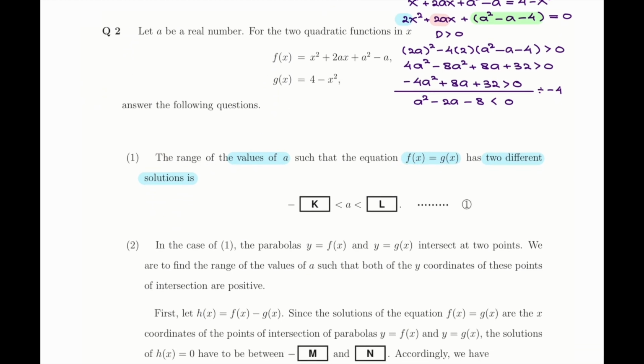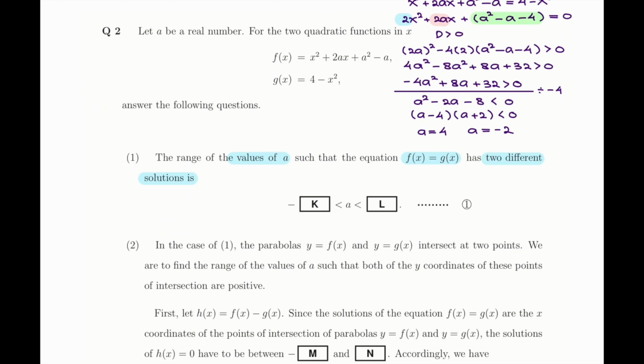So if I factorize a squared minus 2a minus 8, I will get a minus 4, a plus 2 less than 0. I got two critical values here, which are a equals 4 and a equals negative 2.